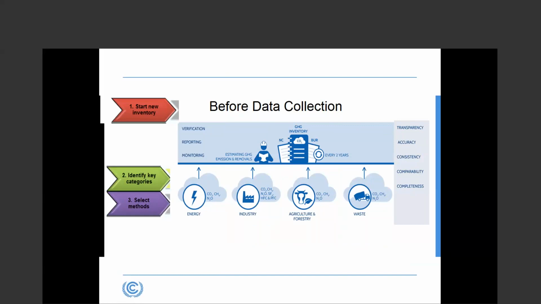Next, what you need to do before you collect the data is to identify key categories. Why so? Because the key categories will show you which are the biggest sources of emissions in your country. Where do you have to focus your main effort in collecting the data? The carbon dioxide usually comes in biggest amounts from transport and using of fossil fuels like coal, crude oil, etc. Methane usually comes from natural gas systems, landfills, and agriculture.